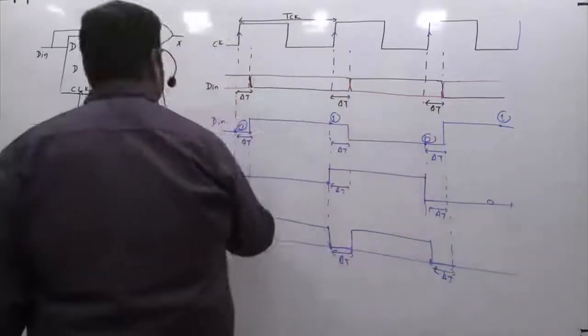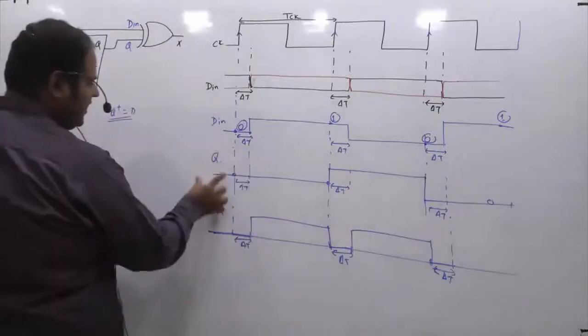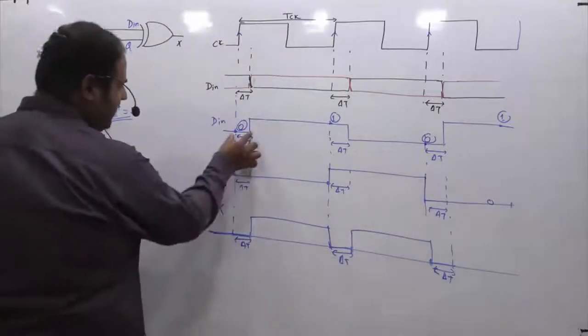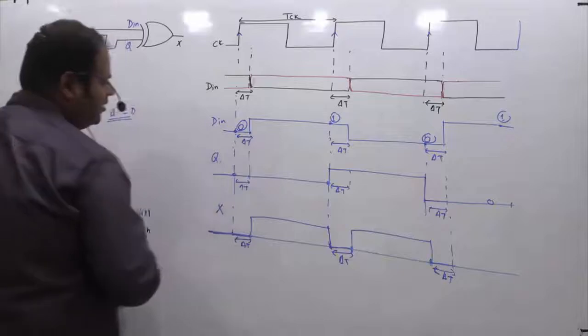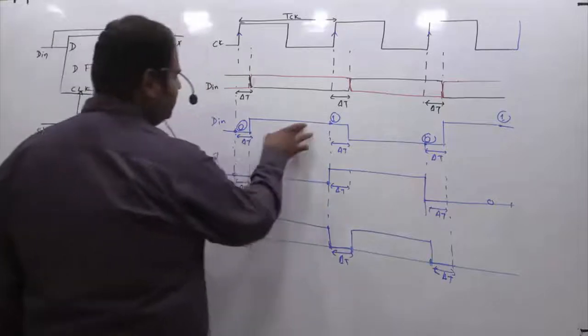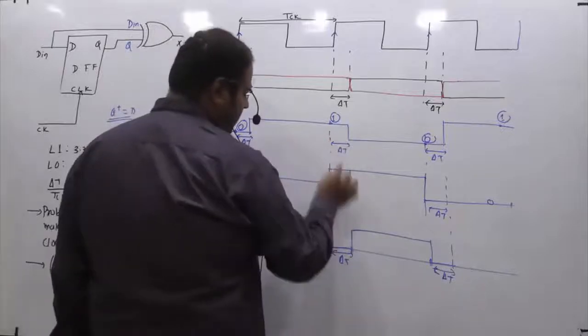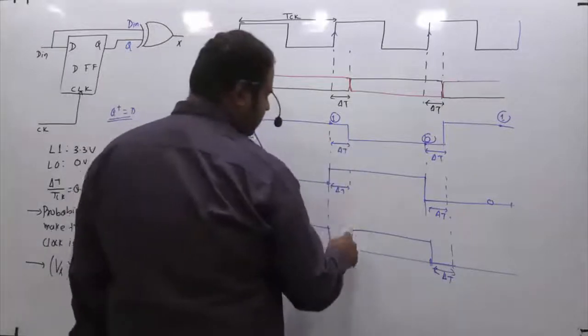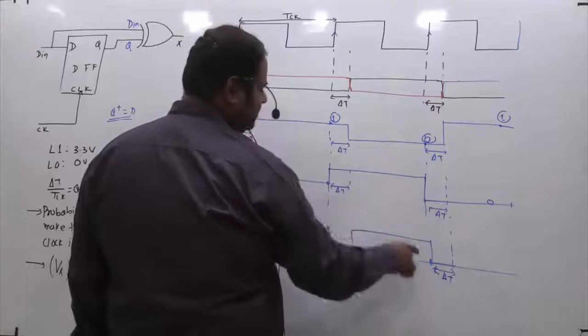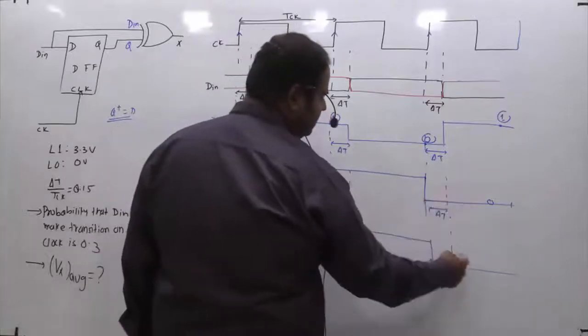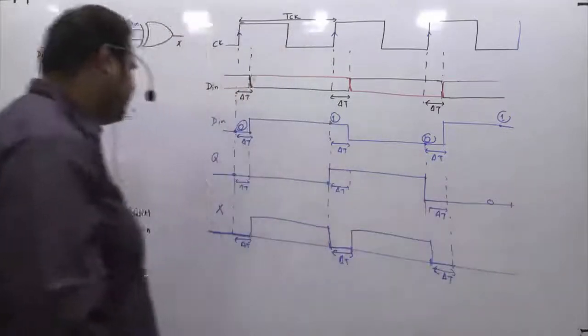So I got Q, I know D in, and I am finding the XOR. This segment 0 XOR 0 is 0. This delta T segment again 0 XOR 0 is 0. Then from this point to this point, this is 1 and this is 0, you got 1. This segment 1 XOR 1 is 0. From this point to this point, 0 XOR 1 is 1. And again this point 0 XOR 0 is 0, and so on and so forth. This is what I am getting.